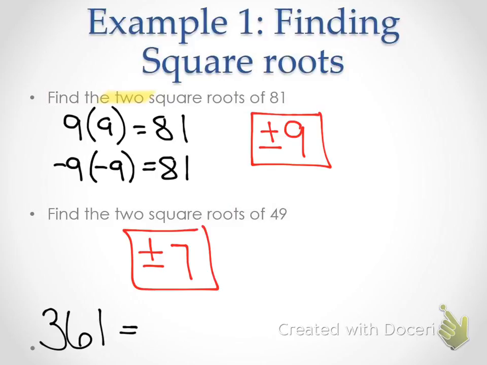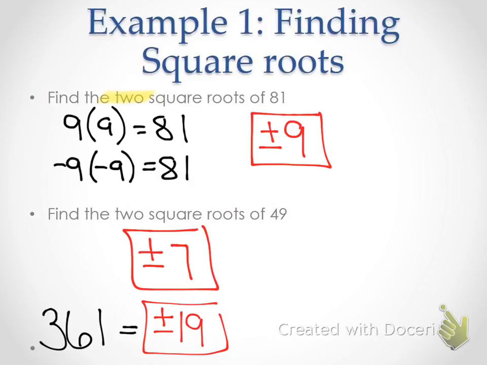And then don't forget, it's both positive and negative because there's no radical in the original, and I know that both can be solutions. So what's it going to be, guys? 19. Positive negative 19. Don't forget, if you forget this positive negative symbol, do you get any credit? No, you don't get any credit. Positive negative 19 is that answer. All right, so that's how we find the square roots.